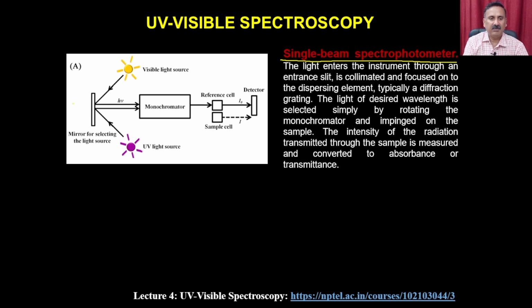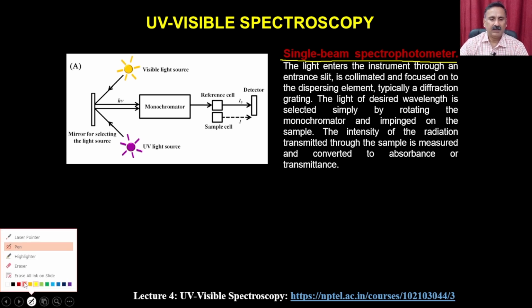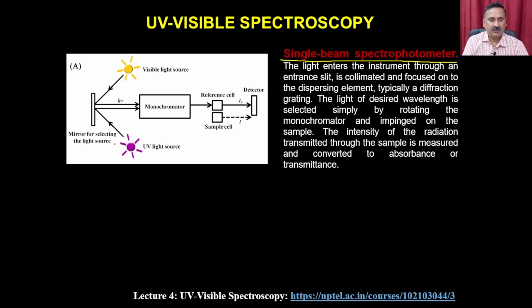In a single beam spectrophotometer, you have one light source. For example, for the UV range or the visible range, it has two bulbs, one for the visible range and another one, a UV lamp, and then both of these lamps go to a mirror.